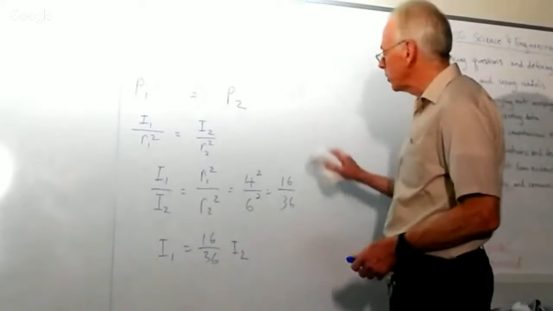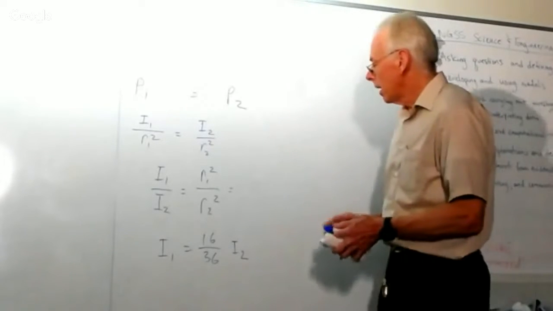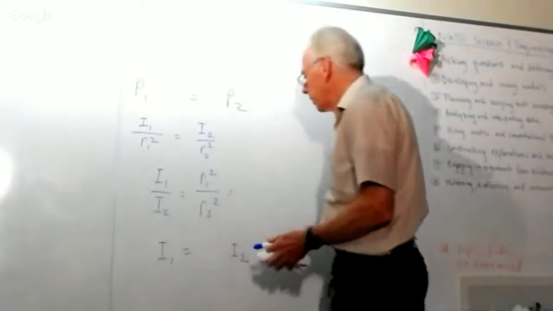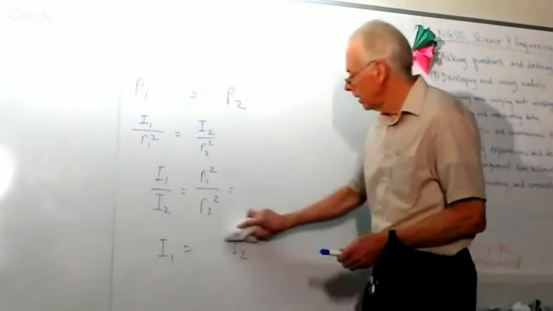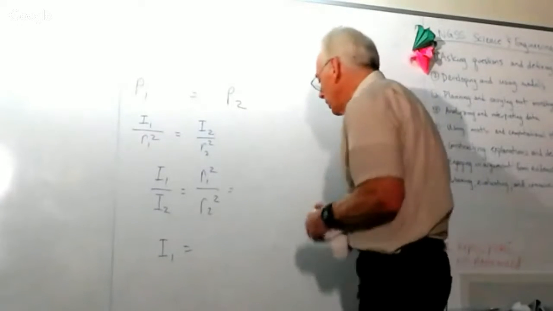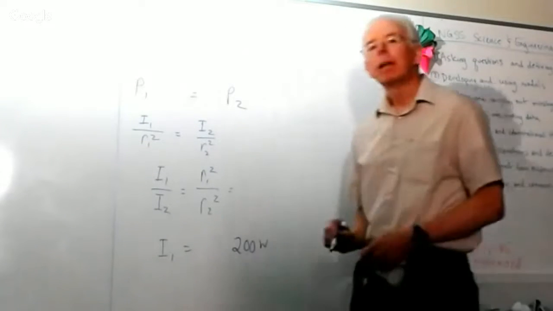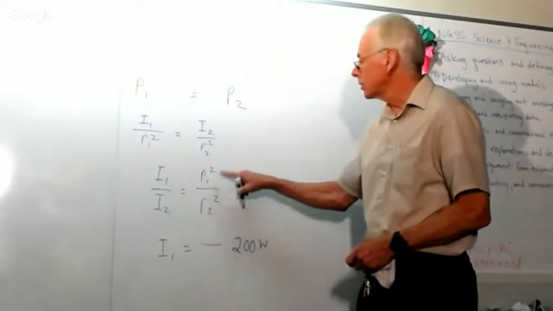So if we do this for the sun, intensity number 2 happens to be 200 watts. So I'm going to take out intensity number 2 and put in 200 watts. And now I have to put in the distance to light source number 1.